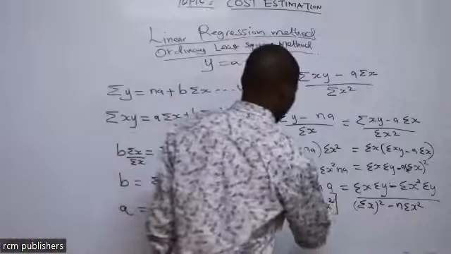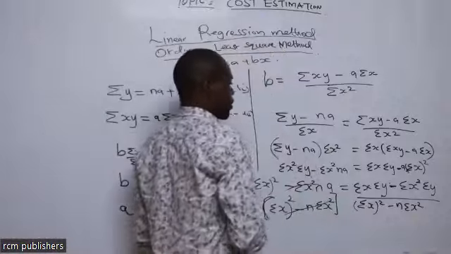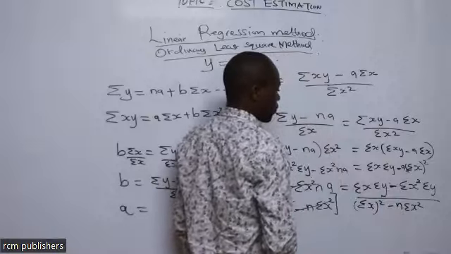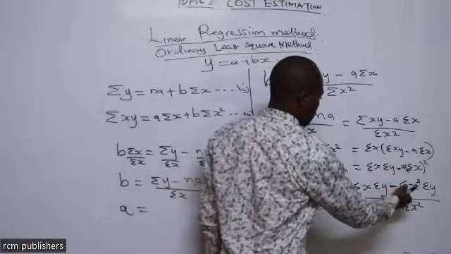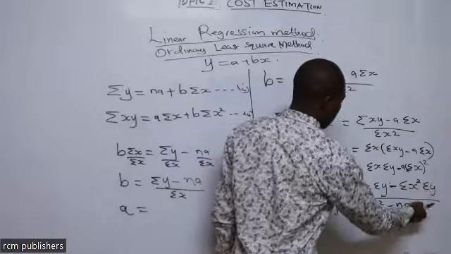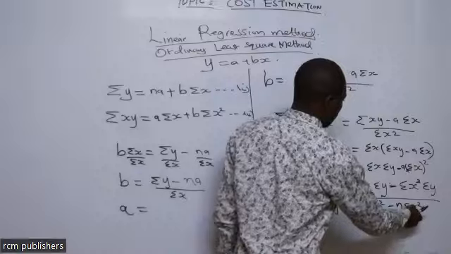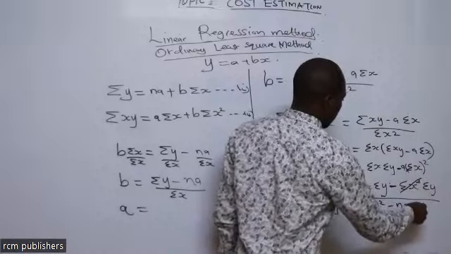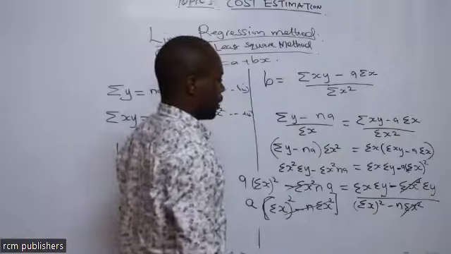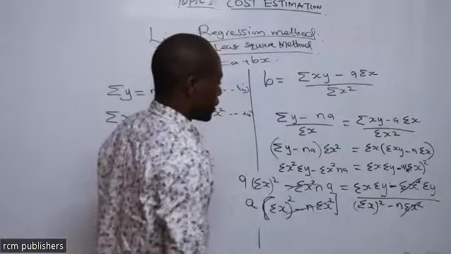So we now have this taken away. We now look for the items that will cancel out. So here we have summation of x squared. It is a negative and also a negative here. So you'll be able to see this one here being eliminated. The negative is eliminated.